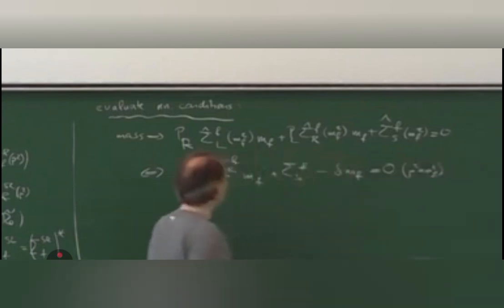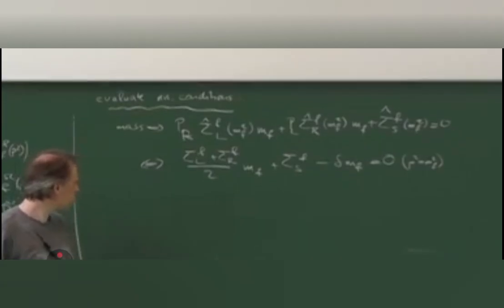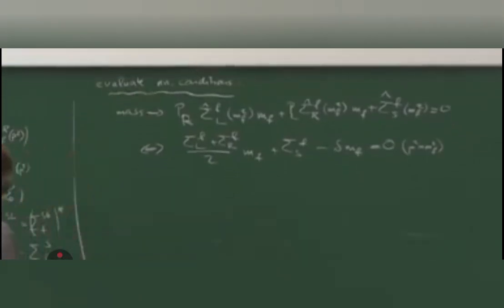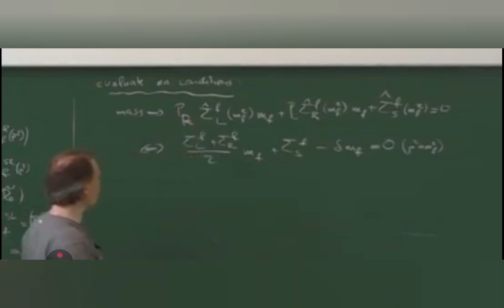And then we can solve for the mass counter term delta MF. And you see that the mass counter term comes out to be real because of those conditions that we mentioned before. So that is consistent with CP invariance. And so all the two conditions come down to just one.